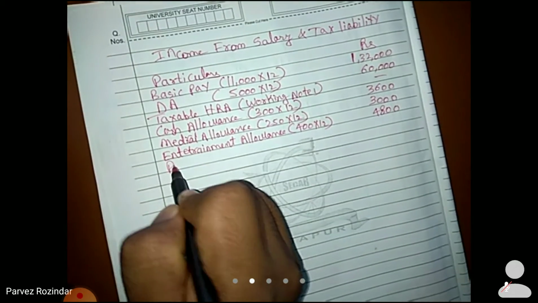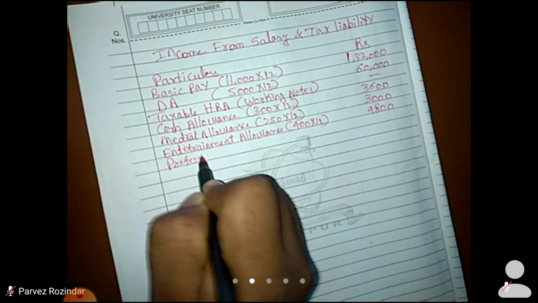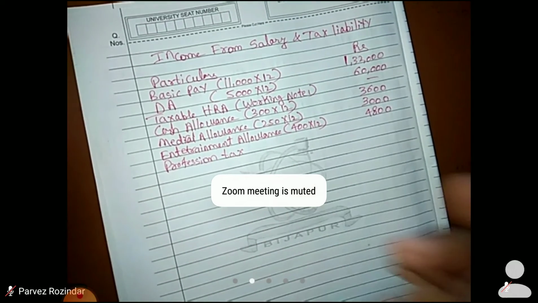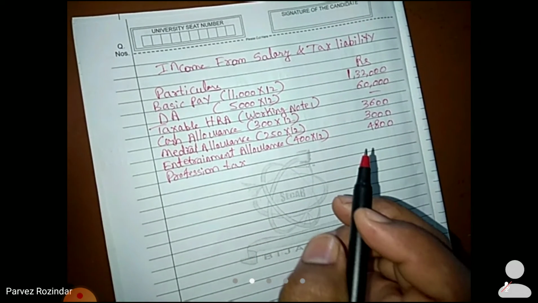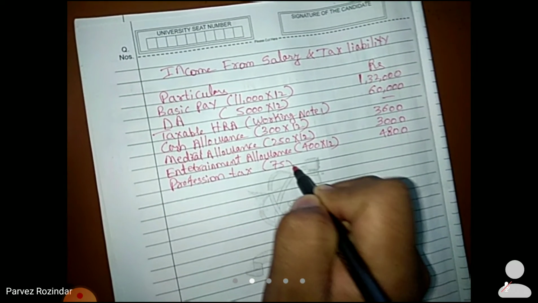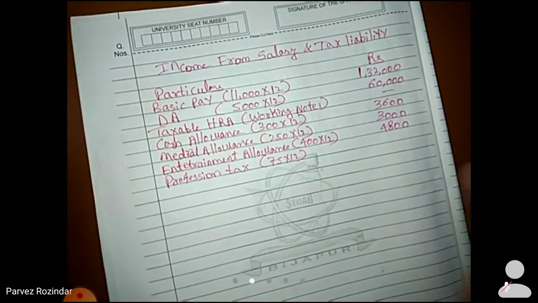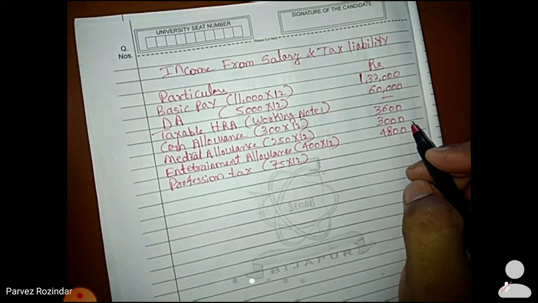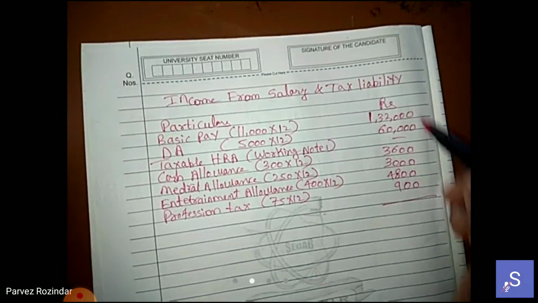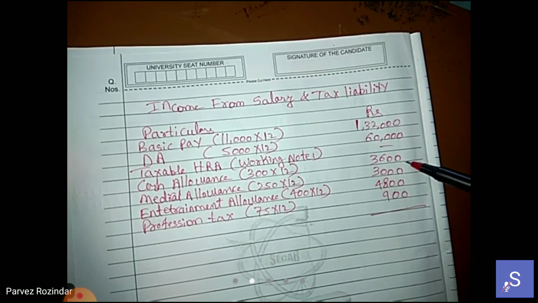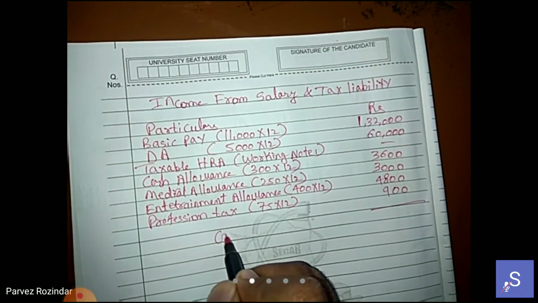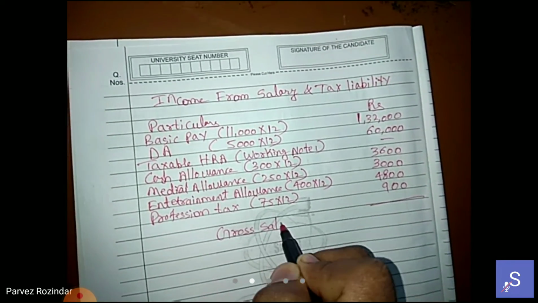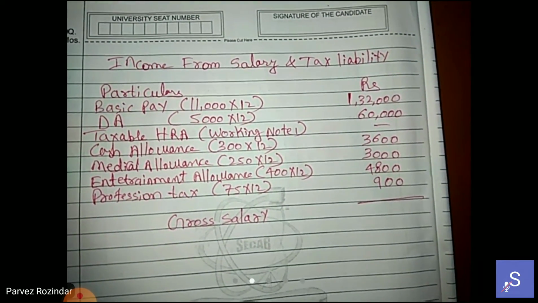Then comes professional tax, 75 into 12, it is 900. Now we need to do the total of this: 1,32,000 plus 60,000 plus 3,600 plus 3,000 plus 4,800 plus 900. The total we get is called gross salary.